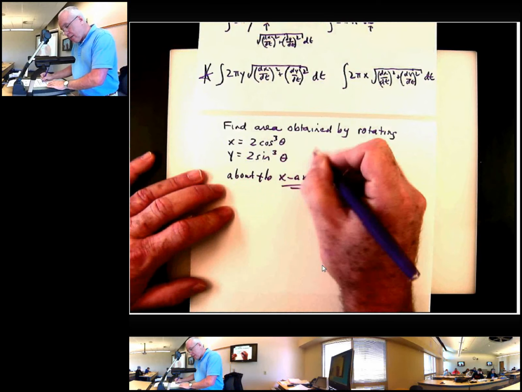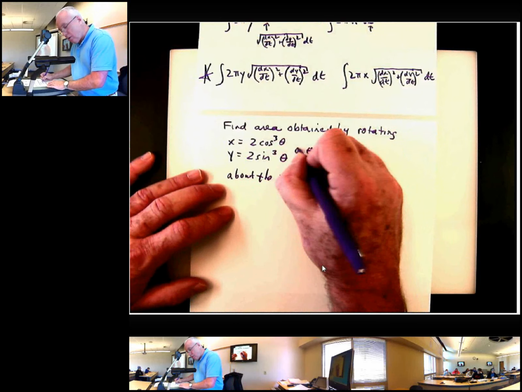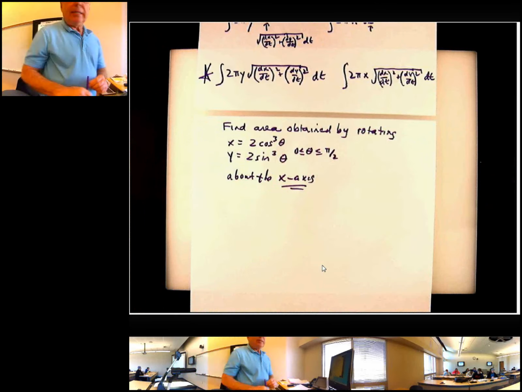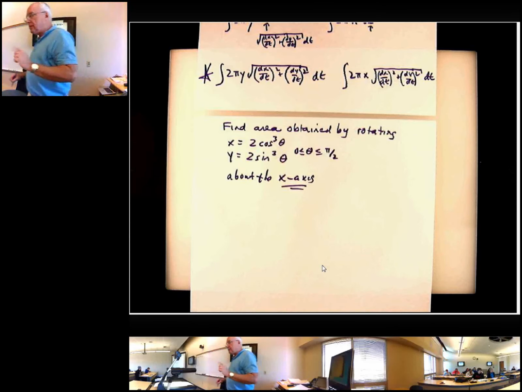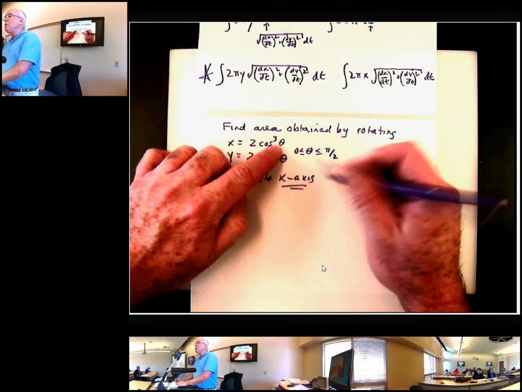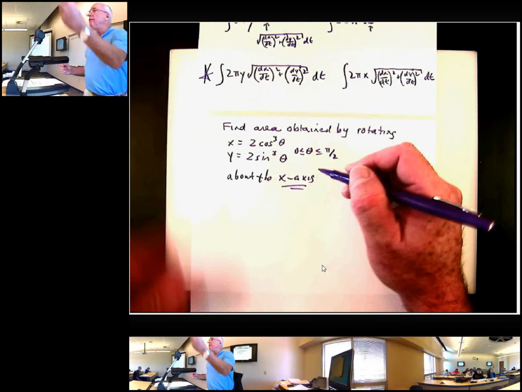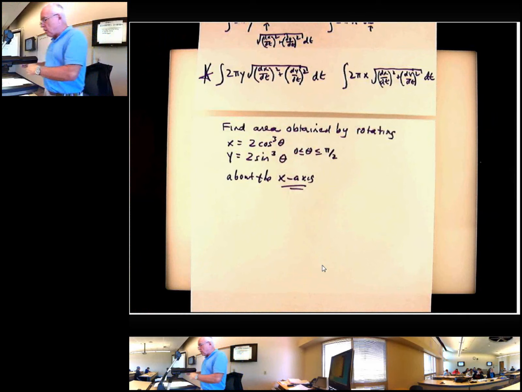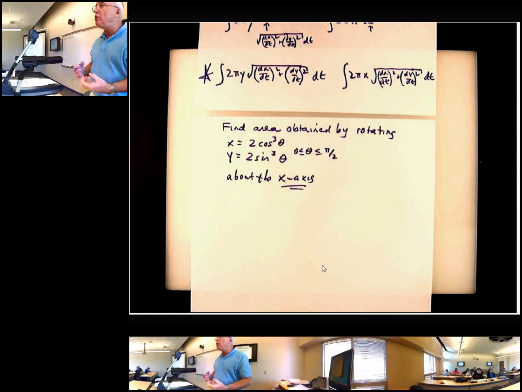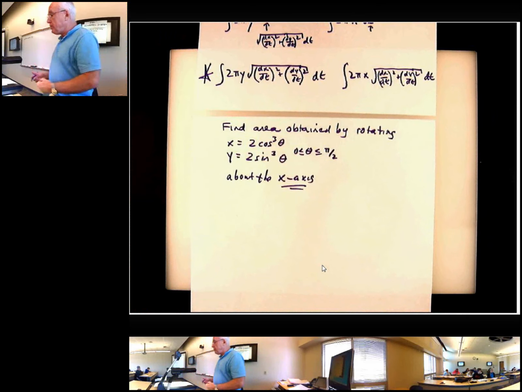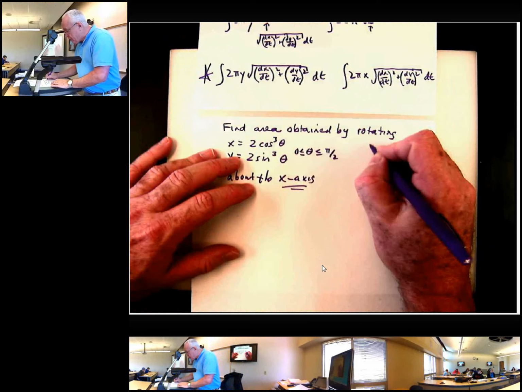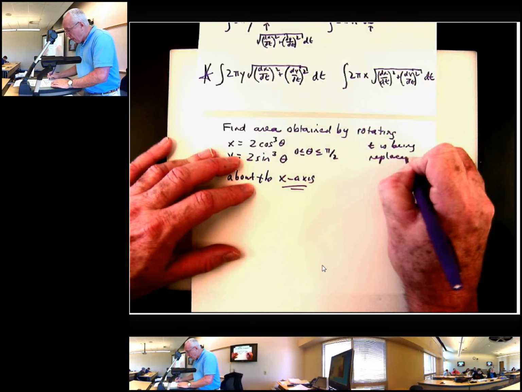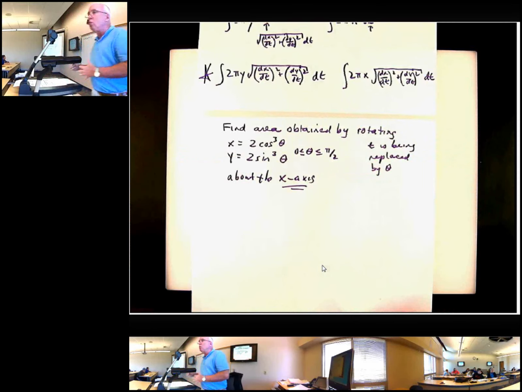And here theta is ranging from 0 to 90 degrees, or pi over 2. Now the first thing I want to say about this example is that all we're doing right here is replacing the variable t with the variable theta. We just are calling our parameter by a different name. Otherwise, everything is going to work the same.